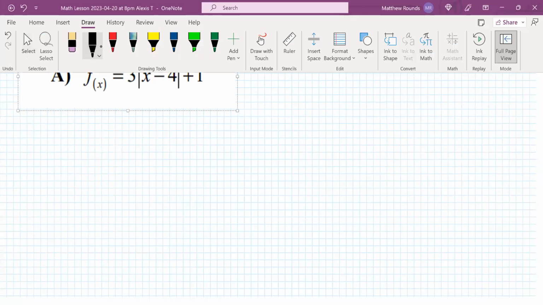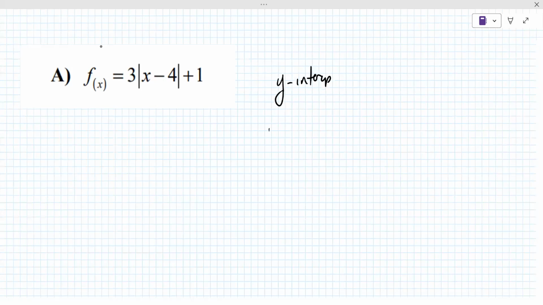I'd like you to calculate the y-intercept, which again means to put 0 in for x.